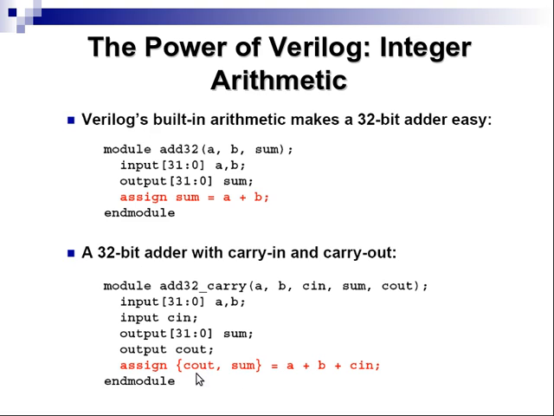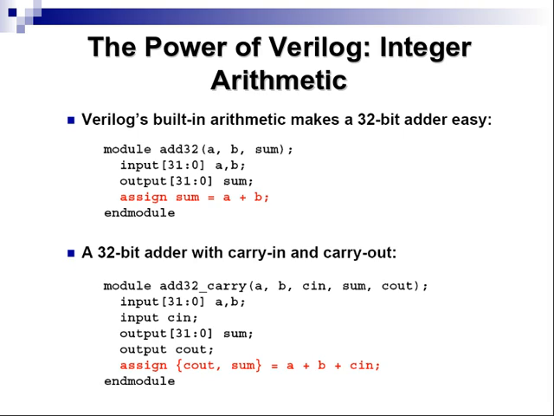You see this statement here, assign cout sum. This syntax means concatenation. Concatenation meaning it stitches them together. Think of them like right next to each other. So this is sum followed immediately by cout equals a plus b plus cn.